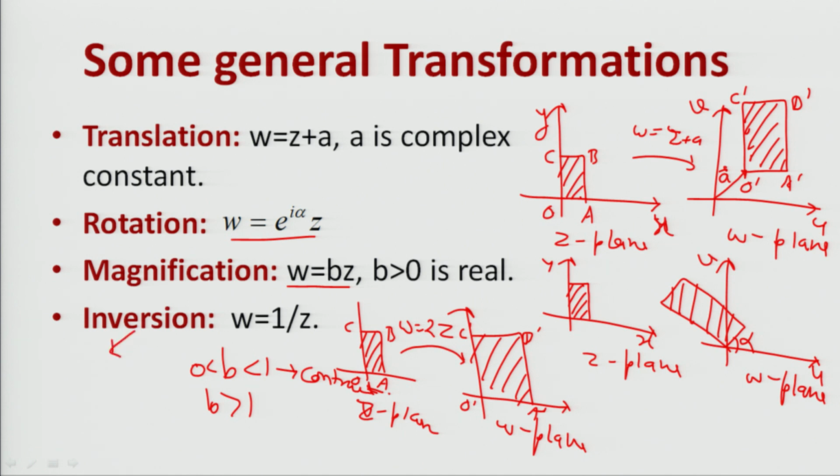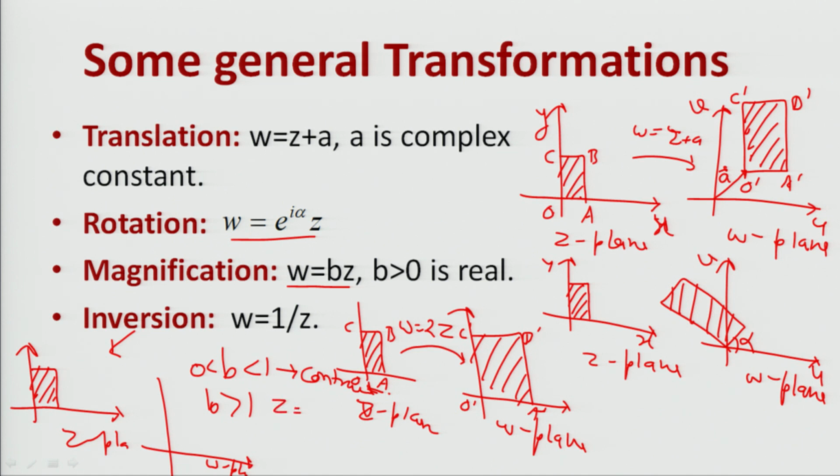This inversion can be described similarly. Suppose that here is the z plane, and here is the omega plane. Suppose this is a region in the z plane, then we map this region under the transformation w is equal to 1 by z.